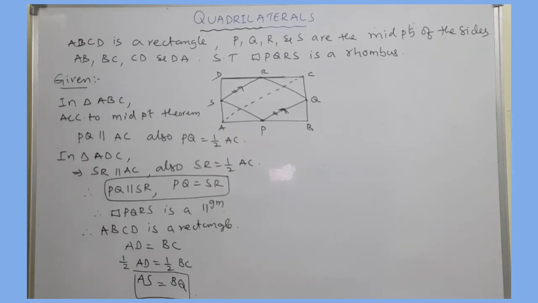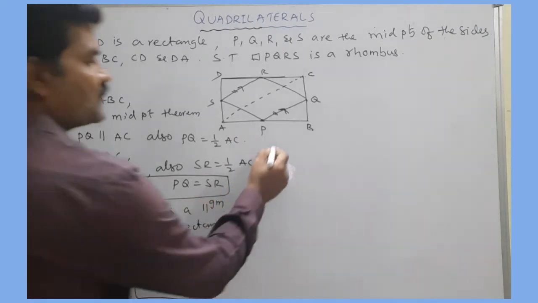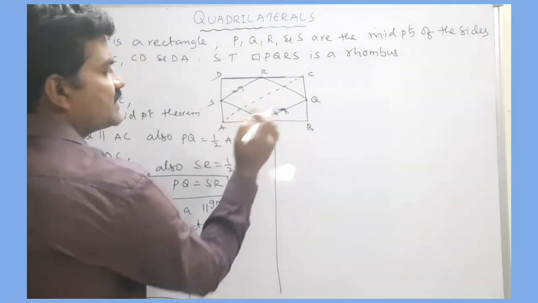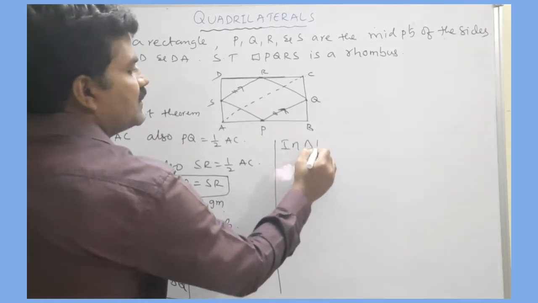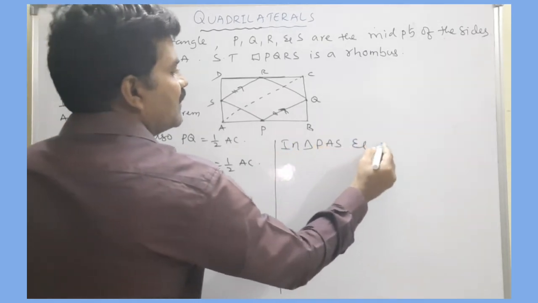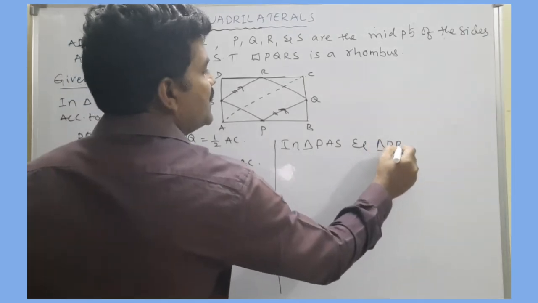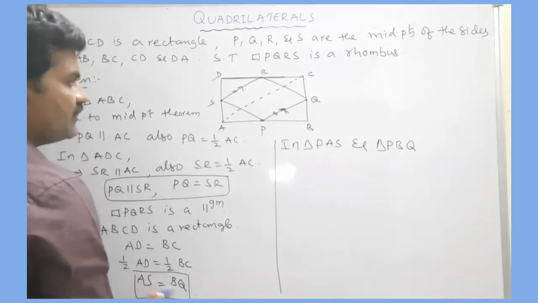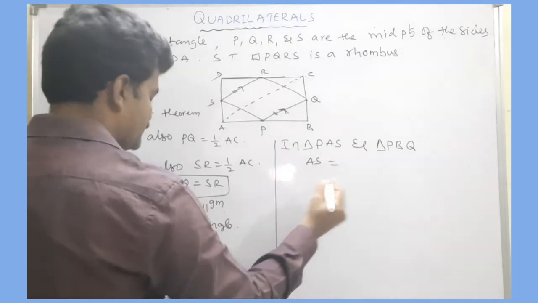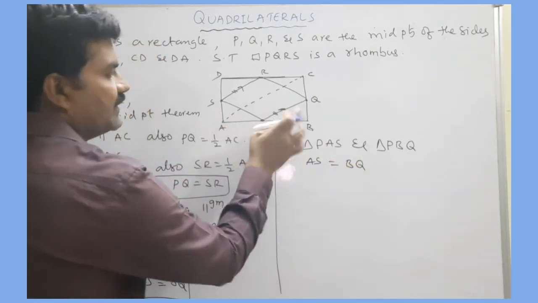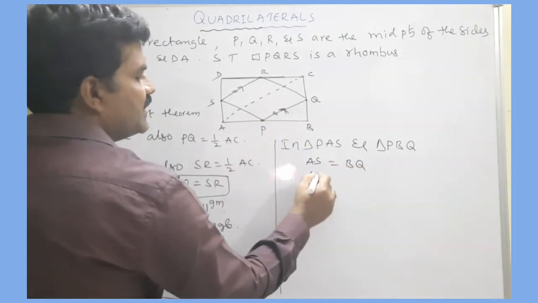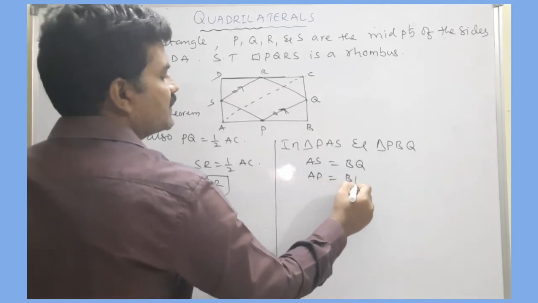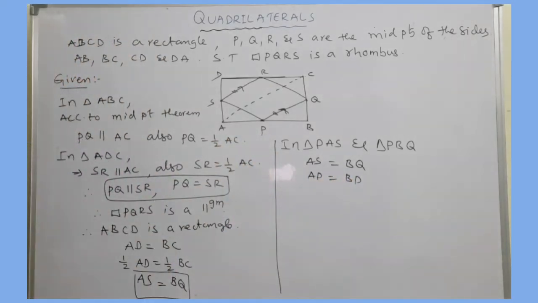Now look at triangle PAS and triangle PBQ. Just now we got AS is equal to BQ. And also AP is equal to BP, because P is the midpoint.